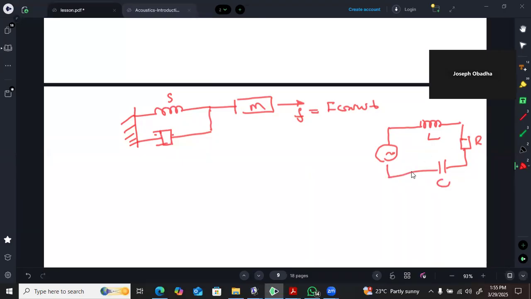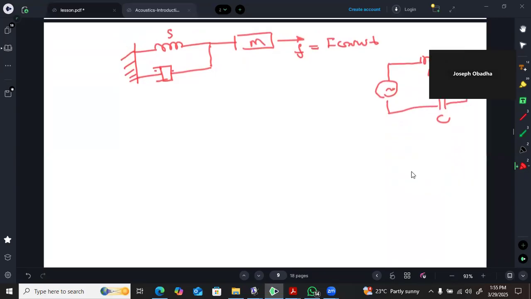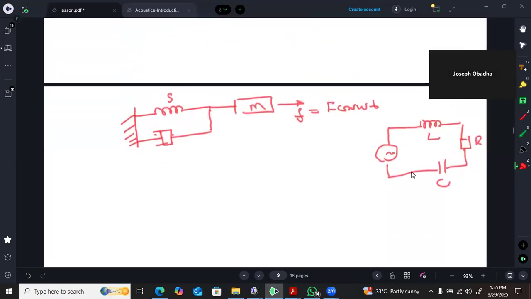And the corresponding equations for this would be, I will have M d squared x by dt squared plus Rm dx by dt plus Sx equal to F cos omega t.